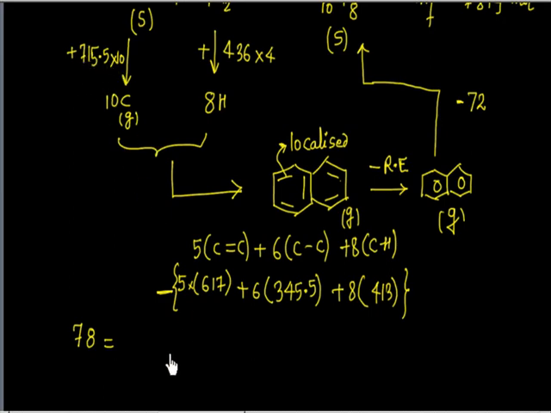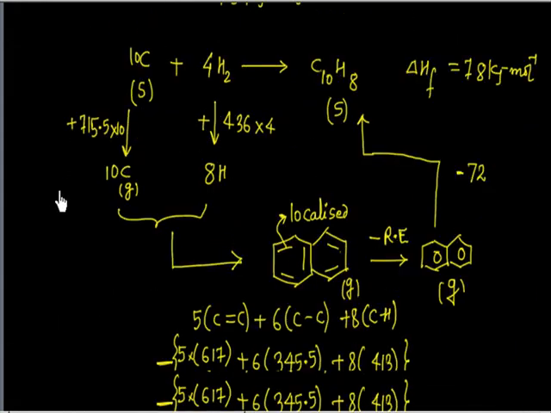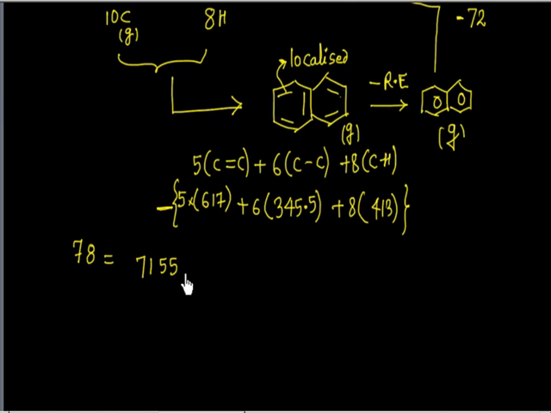So this is 715.5 multiplied by 10, so this is 7155. Let me check again. The carbon sublimation energy is 715.5. Now this one, 4 into 436 plus 4 into 436.